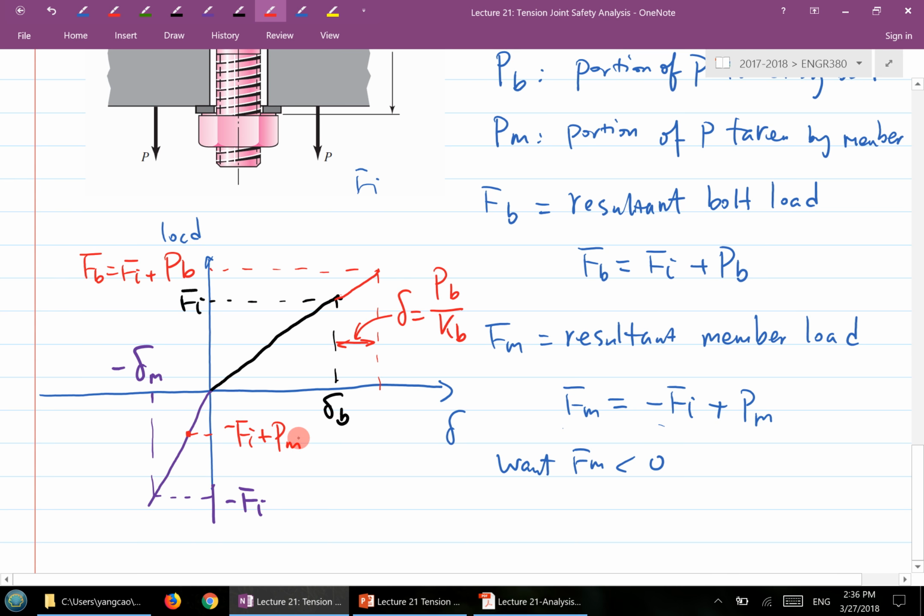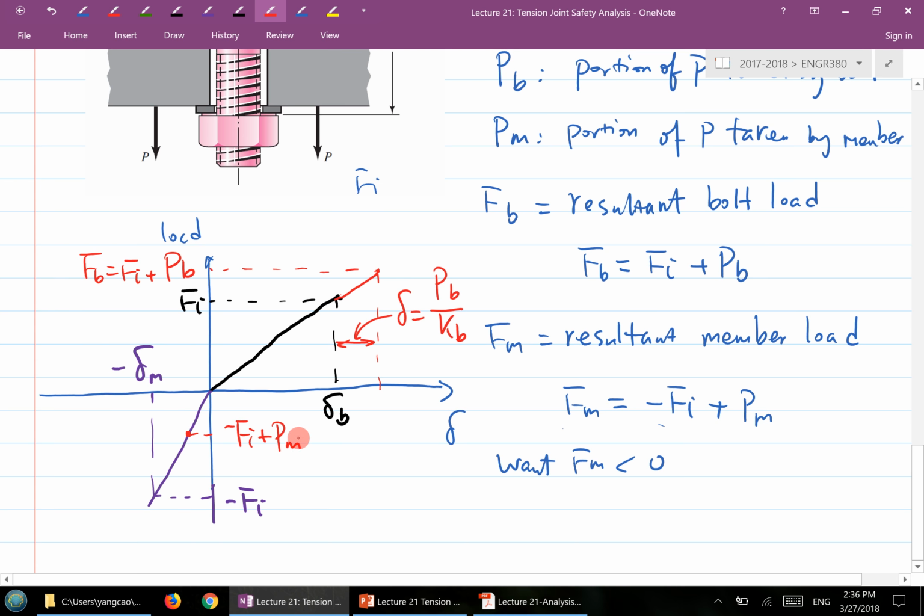Now, because everything moves from an original equilibrium condition to the current equilibrium, the amount of deflection reduction here compared to the amount of deflection increase here should be the same.